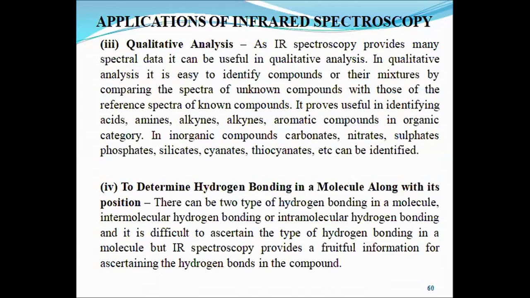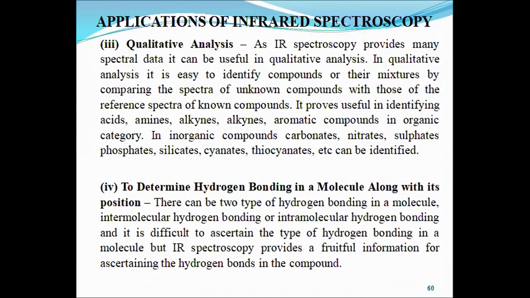In qualitative analysis, it can be easily used to identify compounds or their mixtures, because we can compare the spectra of unknown compounds with the reference spectra of known compounds. For example, it can be used to identify acids, amines, alkynes, alkenes, aromatic compounds; the list is endless.